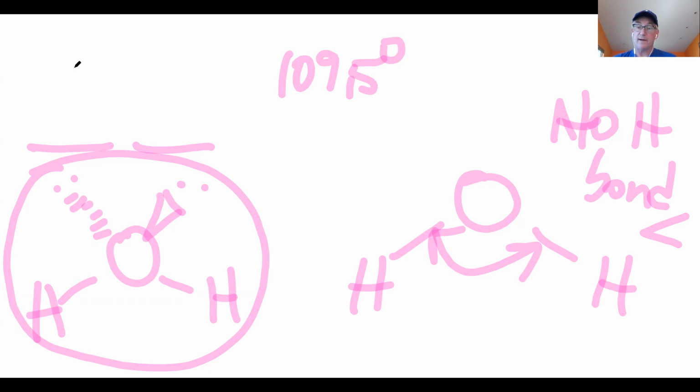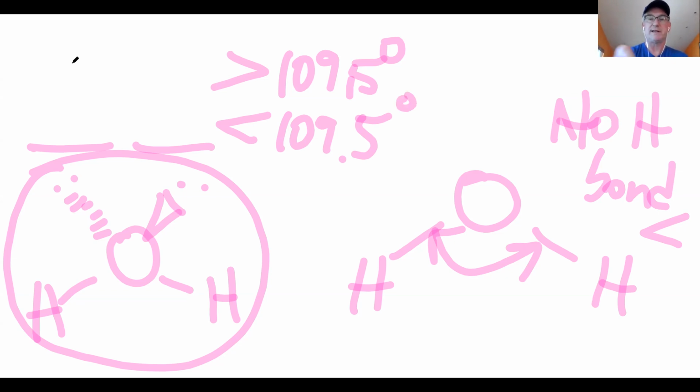But with water, it's either going to be 109 degrees, greater than 109 degrees, or less than 109 degrees. Which one? Is it precisely 109? Is it greater than 109? Or is it less than 109?